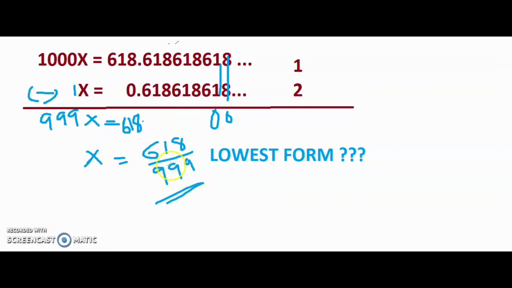As they are multiples of 3, divide numerator and denominator by 3. So we get 206 as the numerator and the denominator is 333. Okay, so the result is 206 over 333.